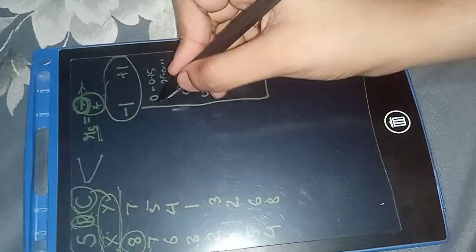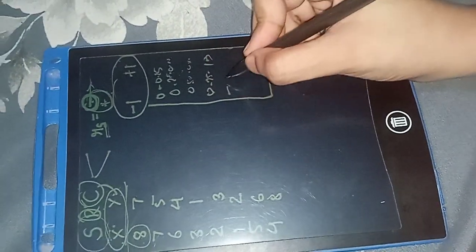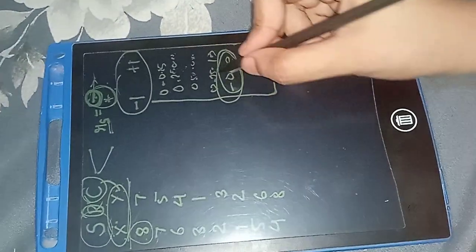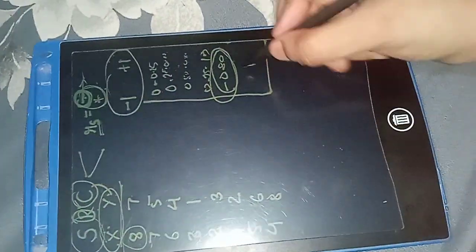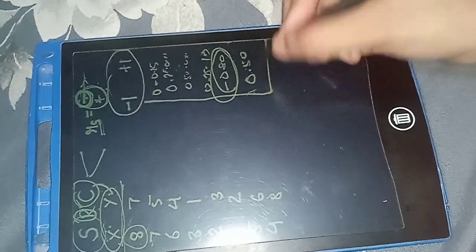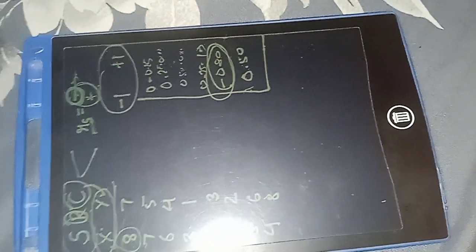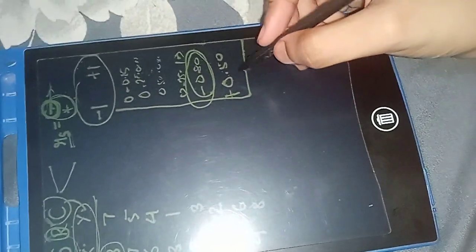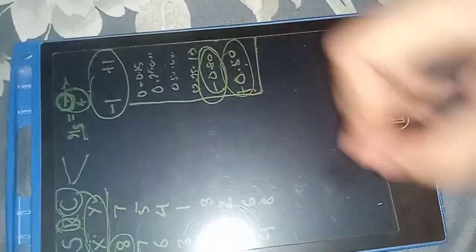If it came as minus 0.80, you will say it has a strong negative correlation. If it came as positive 0.50, you will say that the relationship between the x and y variables is positive but moderate.